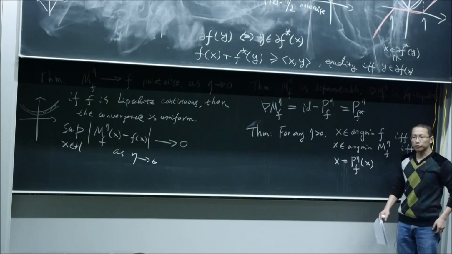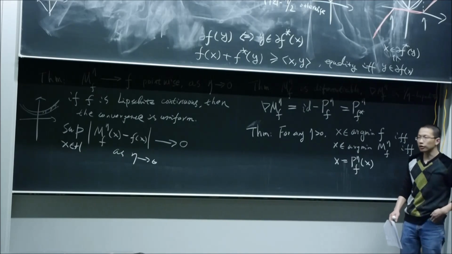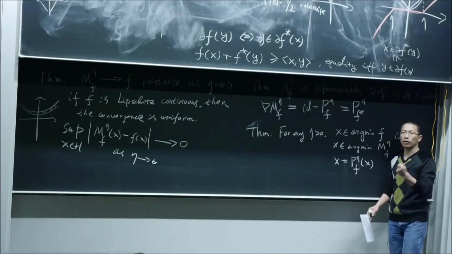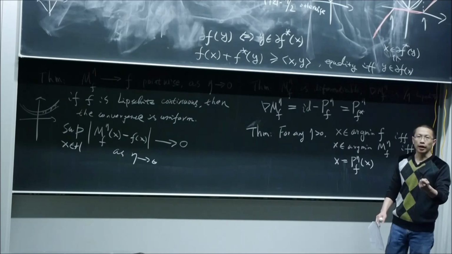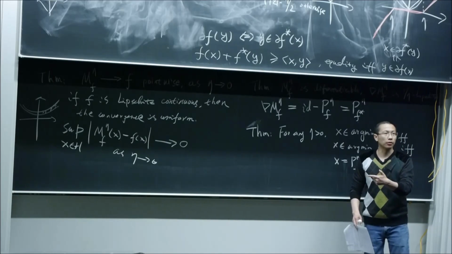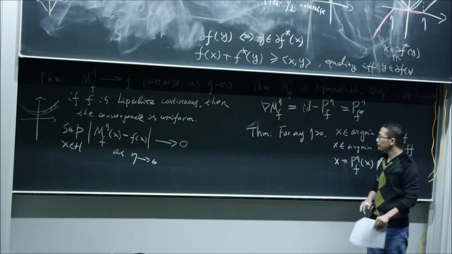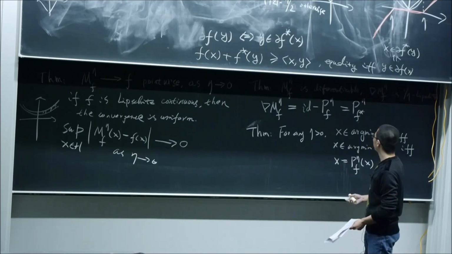And later on, when you study the proximal gradient algorithm, you will see this is a basis for many algorithms. You just repeatedly apply the proximity operator and hope you will converge to a fixed point, and this fixed point is going to be a minimizer of your function. And the proof of this is quite easy, actually.